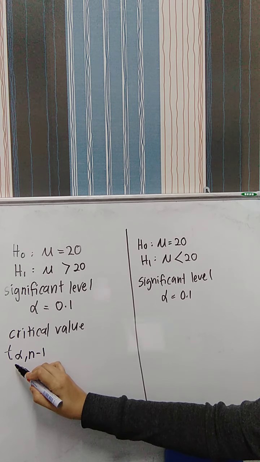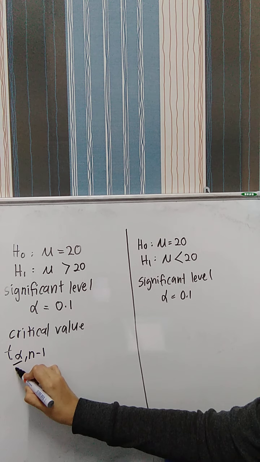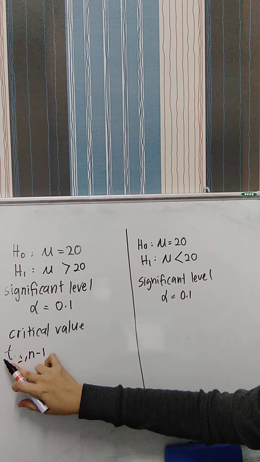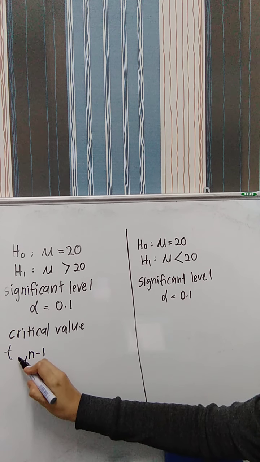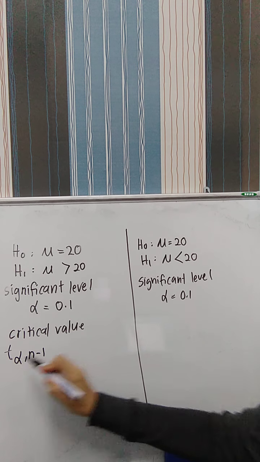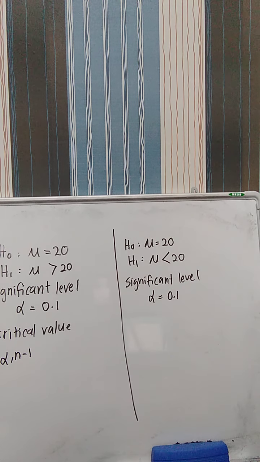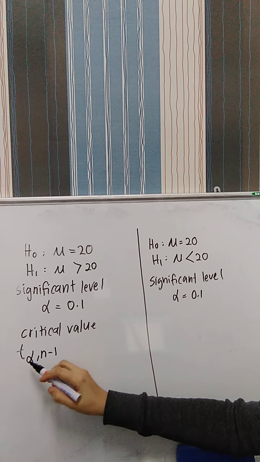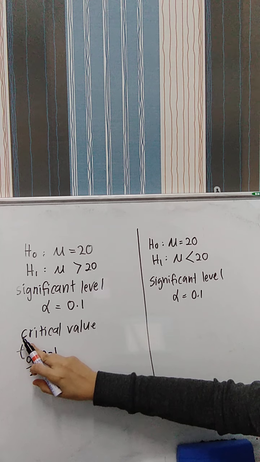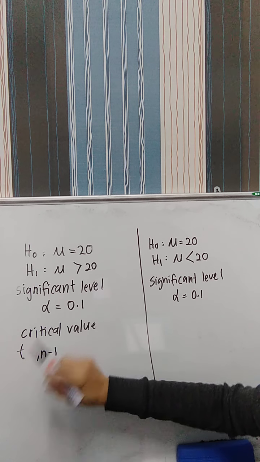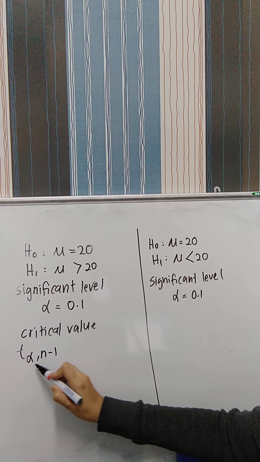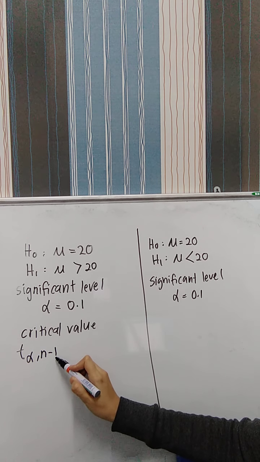In your note, it is given as t alpha over 2. Make a correction for your note: not t alpha over 2, but only t alpha. In your note given before, alpha is over 2, but the correct answer here is only t alpha. n minus 1 is the same.